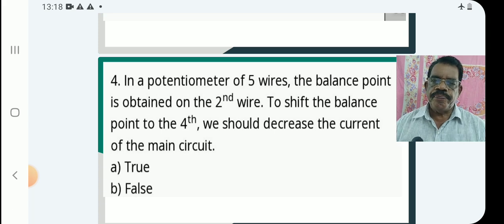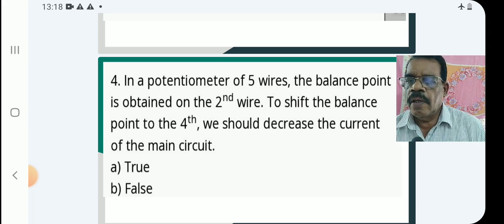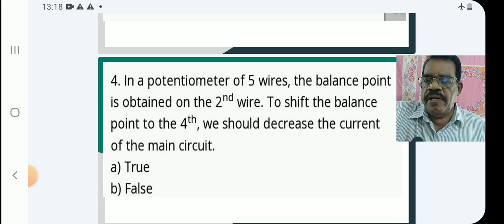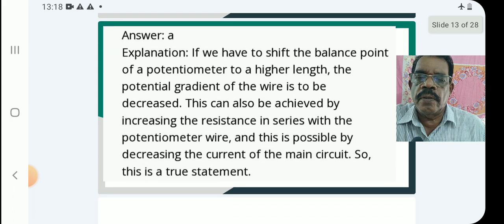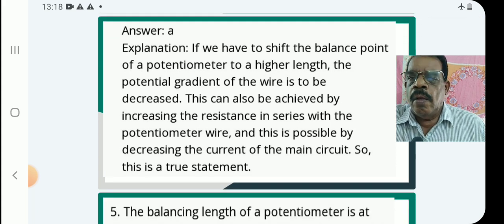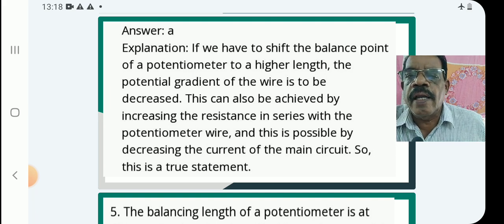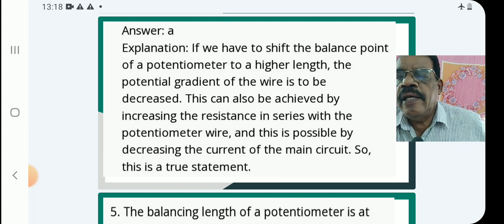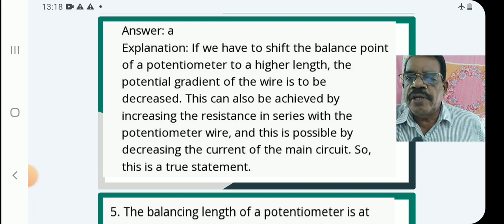We have to say whether this statement is true or false. A true, B false. The answer is A, true. The reason is, if we have to shift the balance point of the potentiometer to a higher length, that is the fourth wire, the potential gradient of the wire is to be decreased.